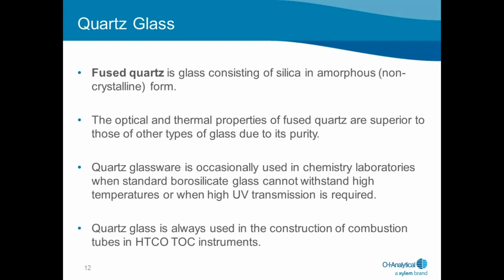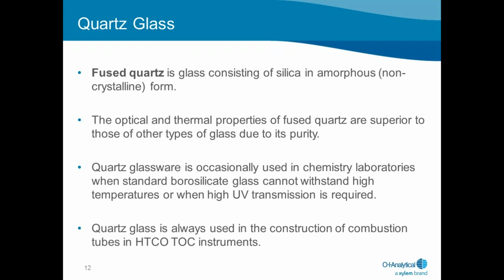So why quartz? The combustion tubes shown in the previous slide are constructed from fused quartz. Fused quartz is a glass consisting of silica in amorphous or non-crystalline form. The optical and thermal properties of fused quartz are superior to those of other types of glass due to its purity.